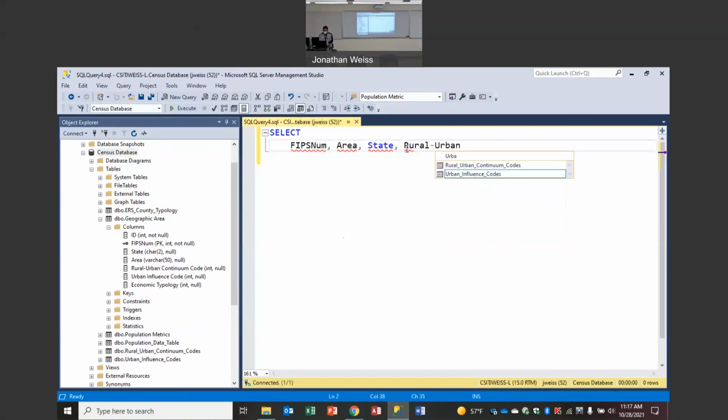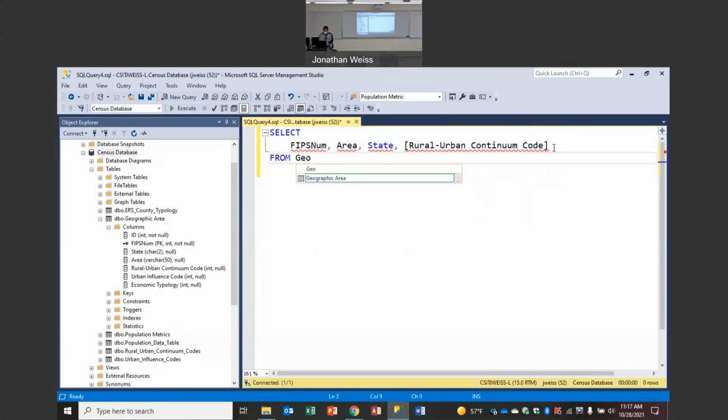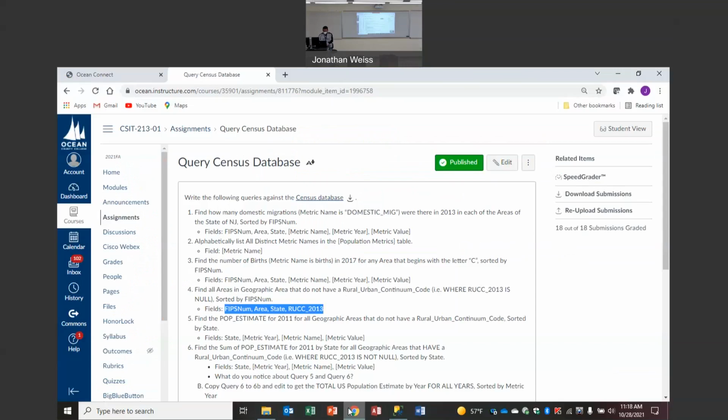This should have been rural urban continuum code, the name of the field. So you could have done this, just changed that and made this from geographic area. And I obviously would have graded that correctly.